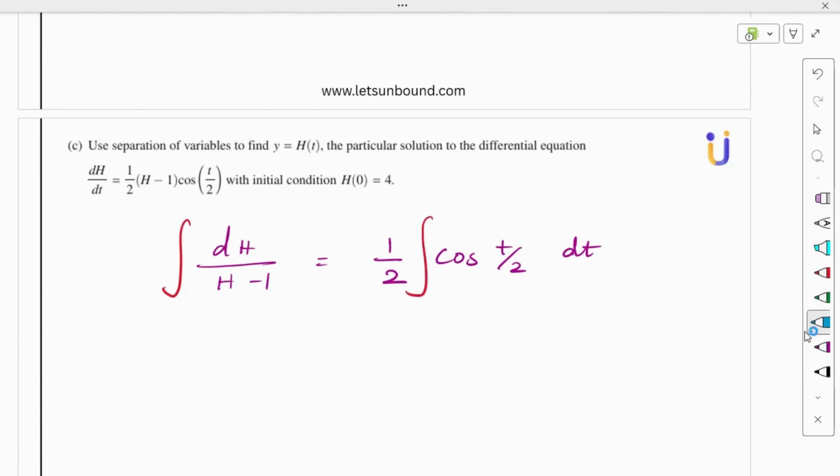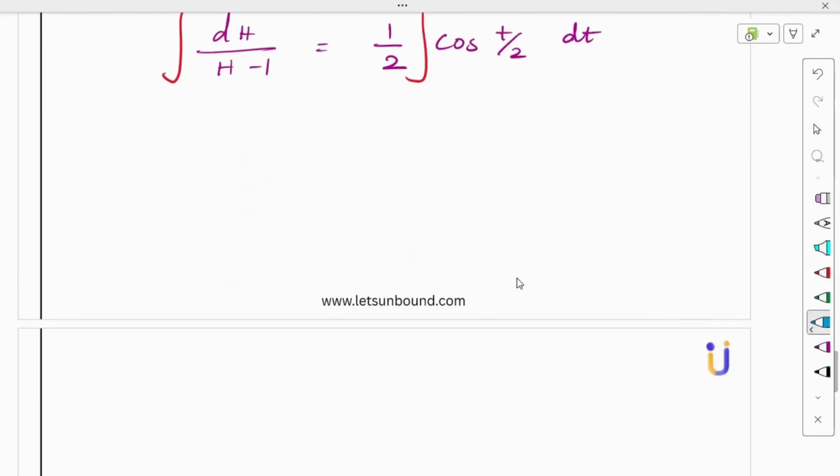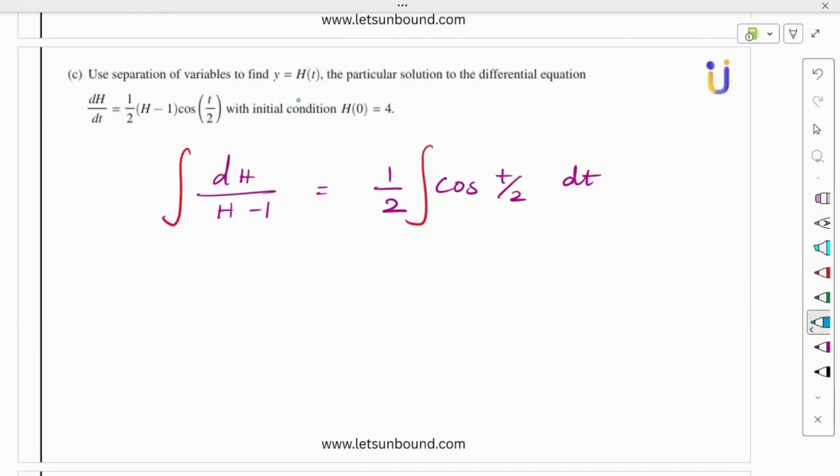So dh by h minus 1. This is ln. If you differentiate the denominator, you get dh, and if that is in the numerator, then it is ln of the denominator. Okay, ln of h minus 1 equal to half cos, and for the integration we get sine t by 2 divided by that coefficient.